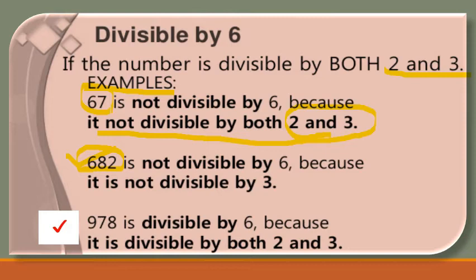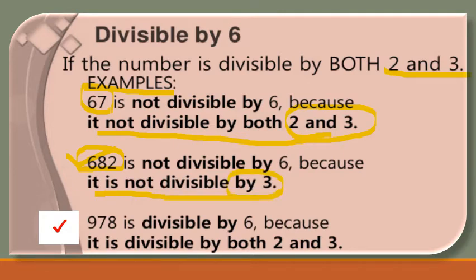Now 6 plus 8 is 14, 14 plus 2 is 16. Now 16 is not divisible by 3. So the number 682 is not divisible by 6 because it is not divisible by 3.